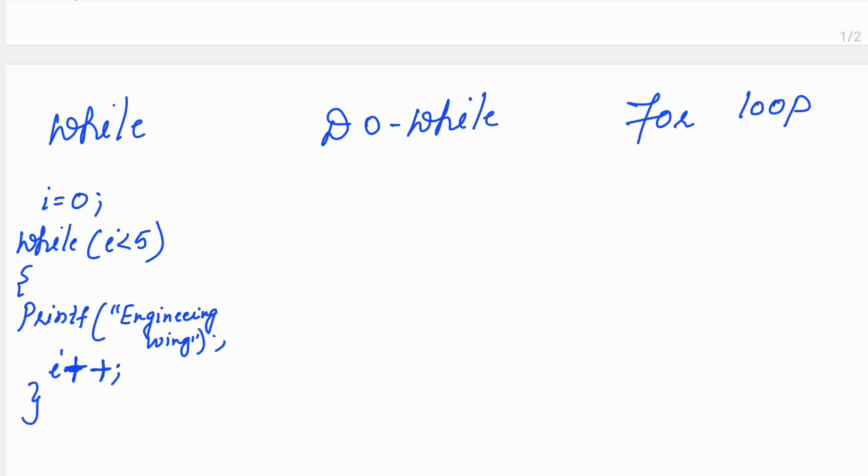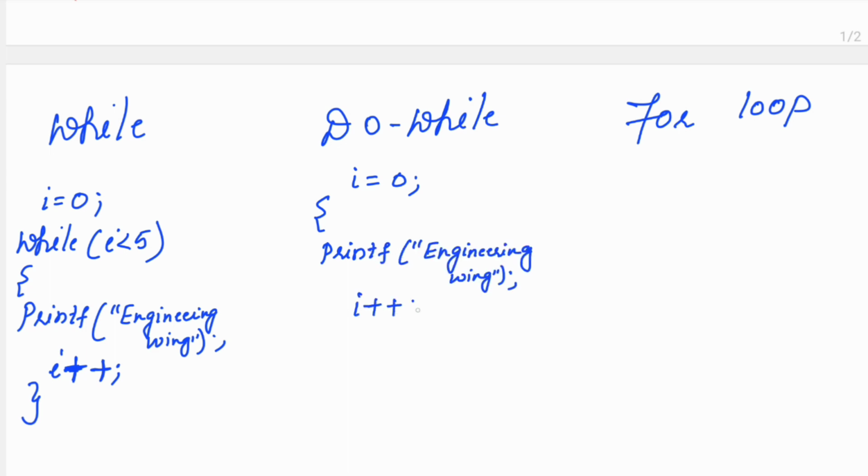Now for the same set of lines I have written for the while, if I have to use the do while, first I will initialize. This is the same as the previous one, initialization, but the condition is not tested initially. First the body of the loop is written, then you are incrementing or updating the value of the variable, and then you are testing the condition, while I less than 5.